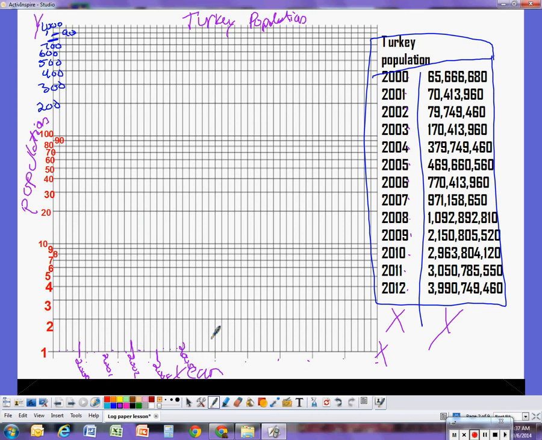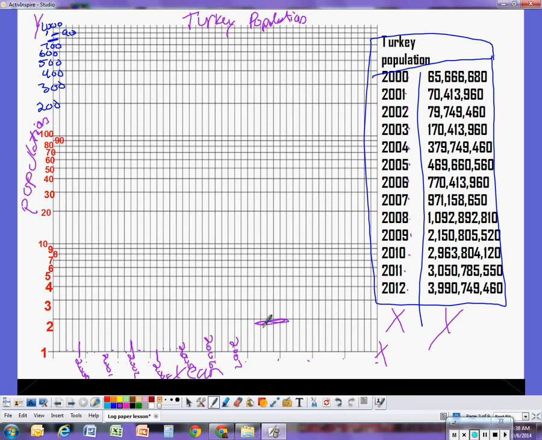2005. Now notice that I'm writing on the line. When you get so far down, you'll notice your numbers increase by so much that you're not going to have any plots down near this first cycle.